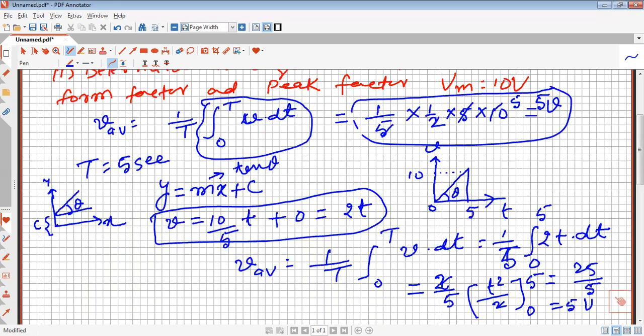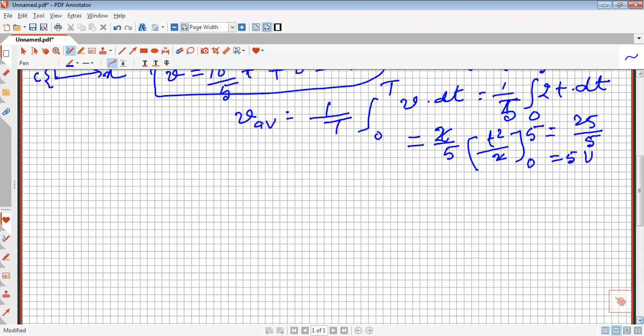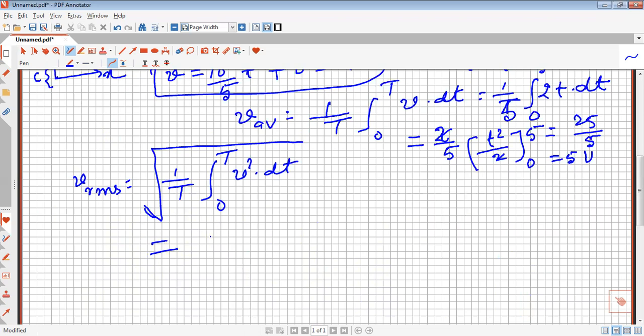Now, in the same way, we can also find the RMS value. So for the RMS value, our definition is V RMS equal to 1 by T, 0 to T, v square into dt, and then we have to take the square root of this equation. So this is called the RMS value. Now we put all these values, whatever we have known.